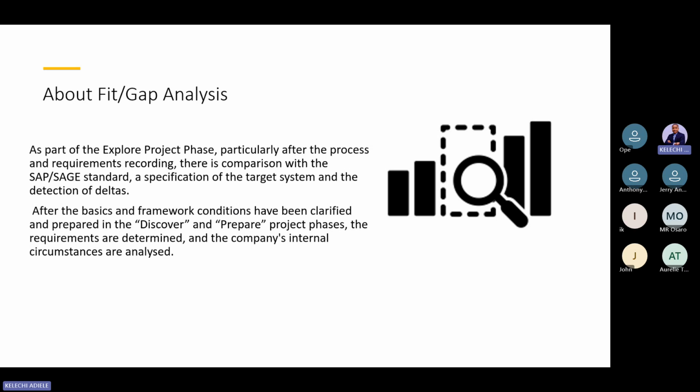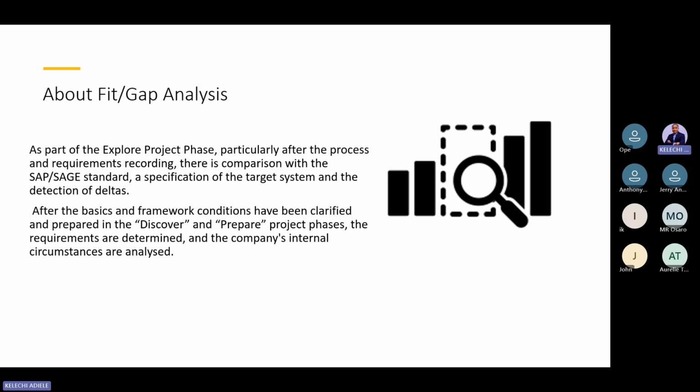So you have to compare what the target system is and what the deltas are, or detection of delta. So what it means is that since we have gathered the requirements, we now have to check if the requirements meet with the system we want to implement.